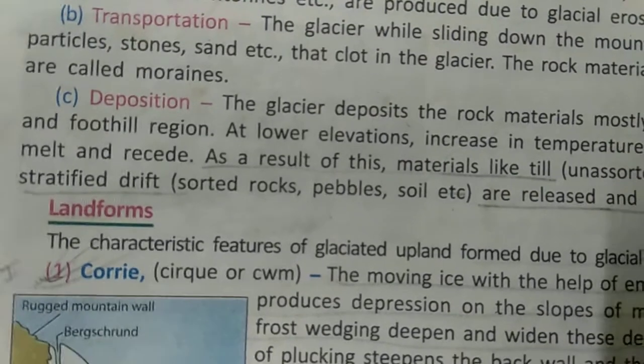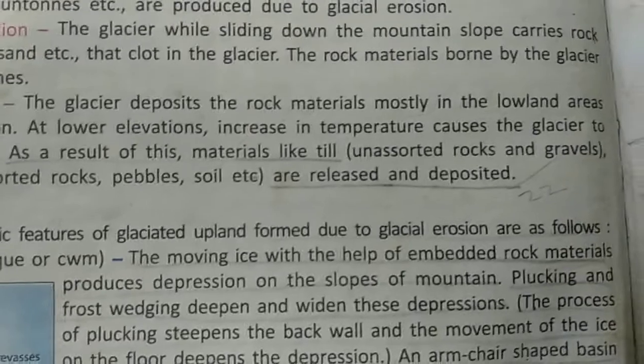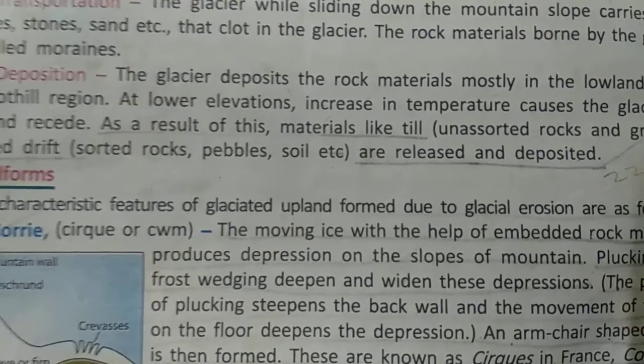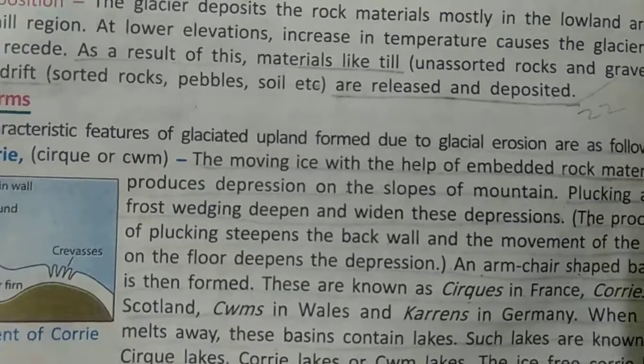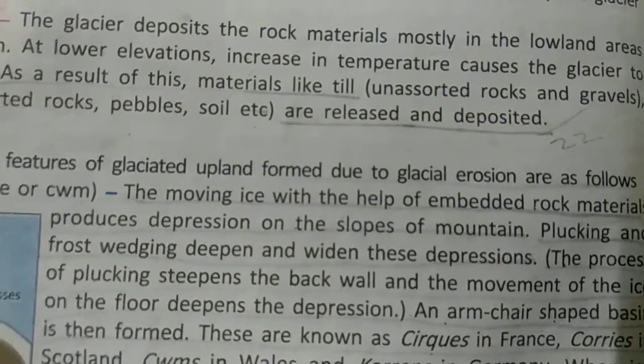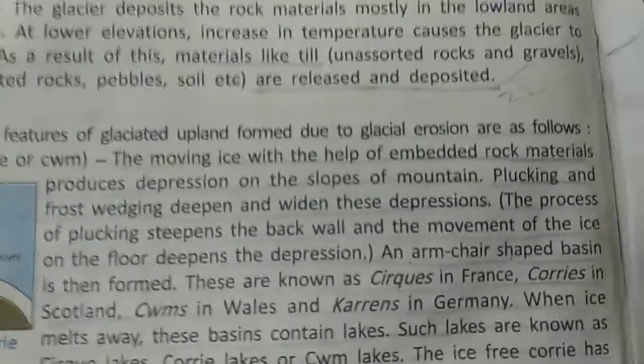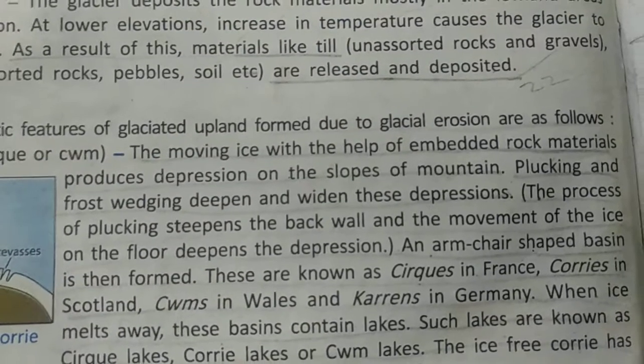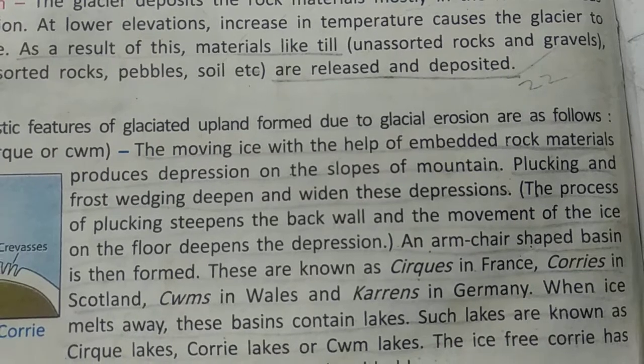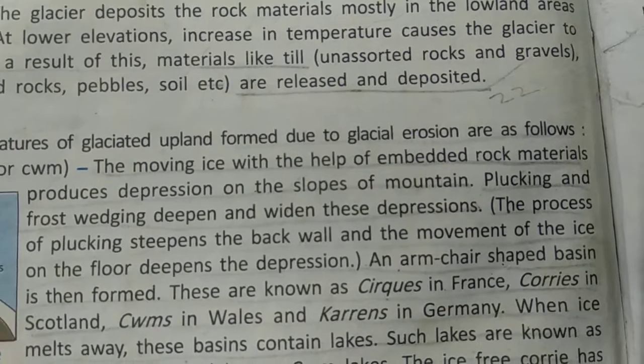Landforms. The characteristic features of glacial uplands formed due to glacial erosion are like the cirque, known as a corrie or comb. These form when moving ice, with the help of embedded rock materials, produces depressions in the slopes of the mountain. Plucking and frost wedging deepen and widen these depressions.